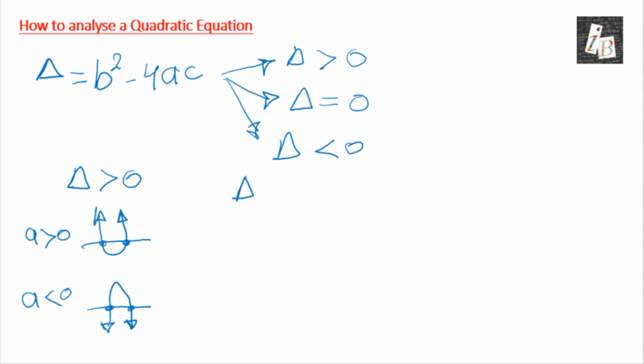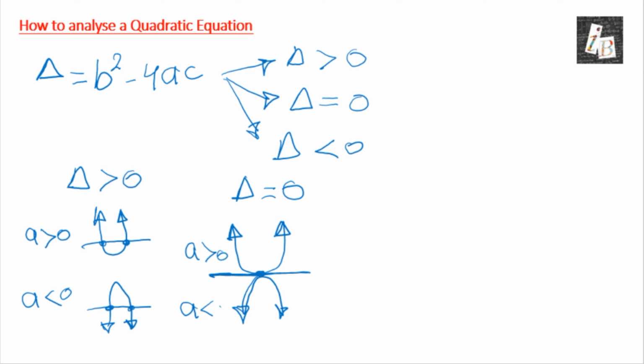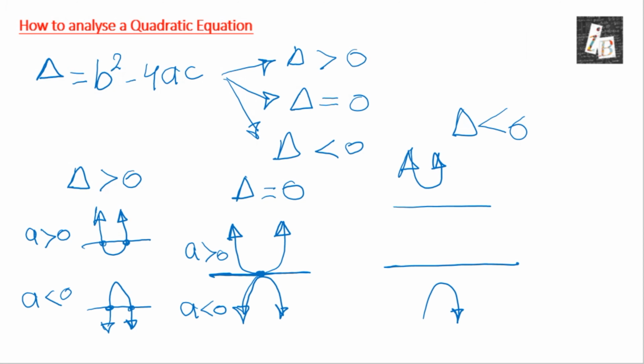In case delta is equal to 0, it will have one repeated root, so it will just touch, not intersect, the x-axis in 1 point. This is in case a bigger than 0, and it will be a parabola down in case of a less than 0.